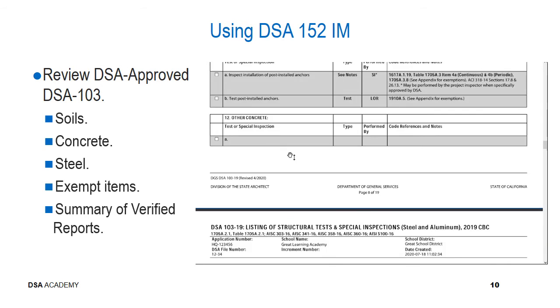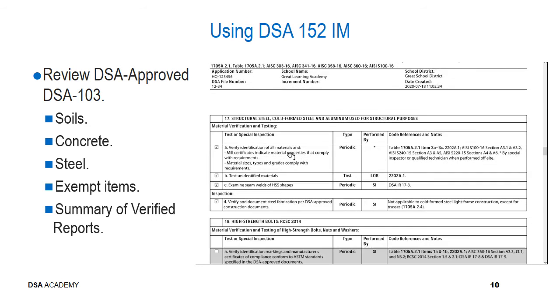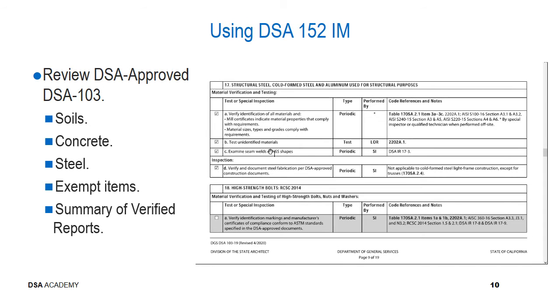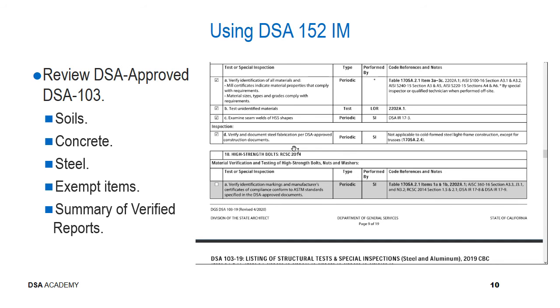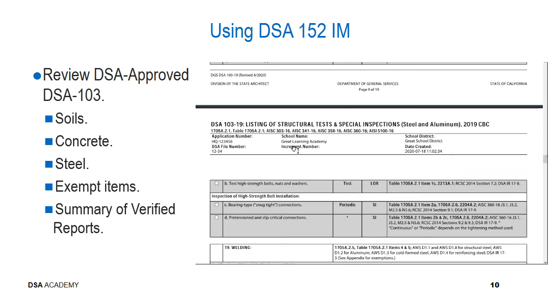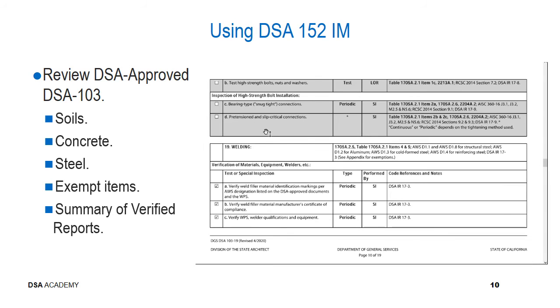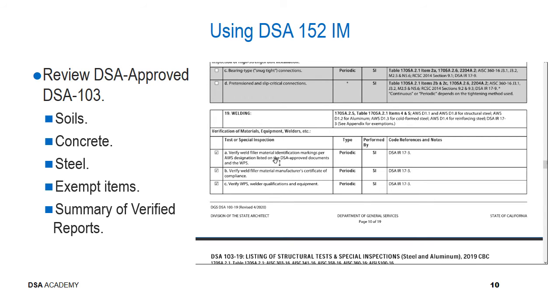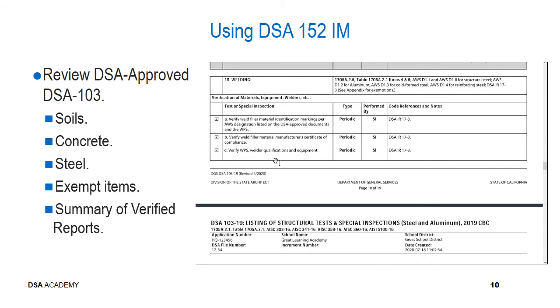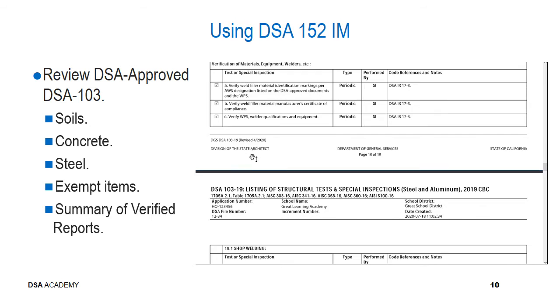You'll see that those items are grayed out and do not have a check mark. Now moving on to the steel, we see several check marks associated with the structural steel for that project. And we're going to have several other sections that have not been checked, and then because of the welding there's going to be some items identified here, some check boxes.